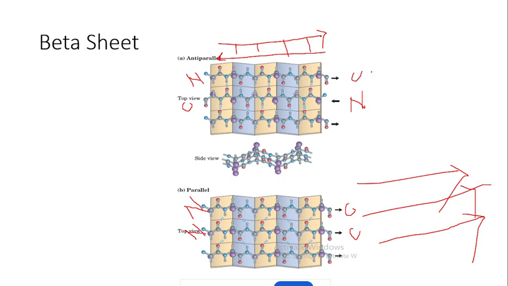So in the first one it is like this. But sir, the arrow is like N to C. Arrow is always N to C, right? But the direction of the arrows: in the first layer the direction is left to right, and in the second layer the direction is right to left.